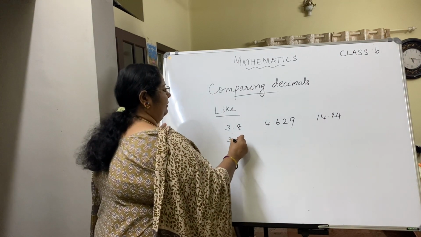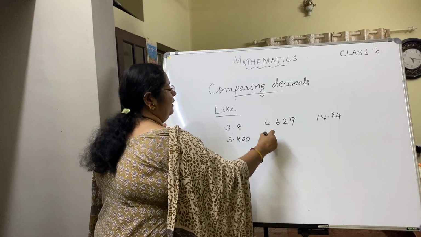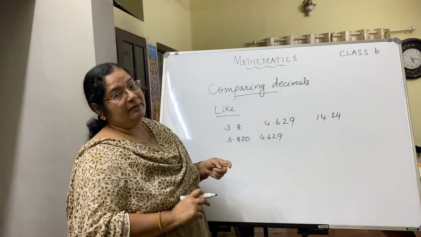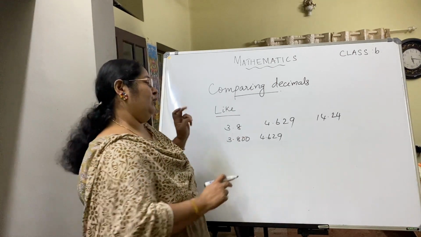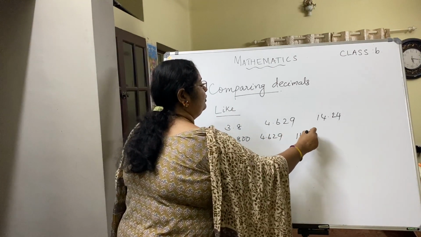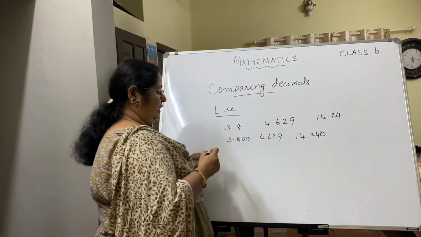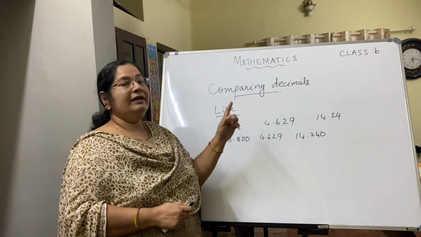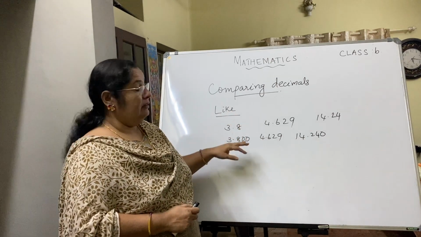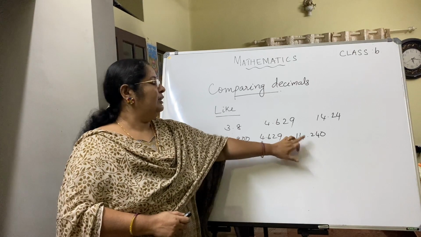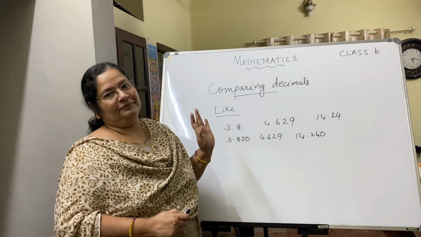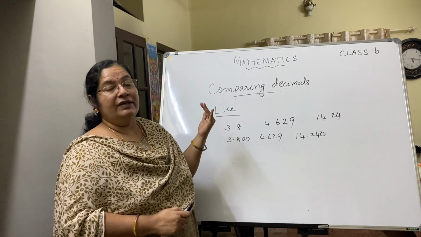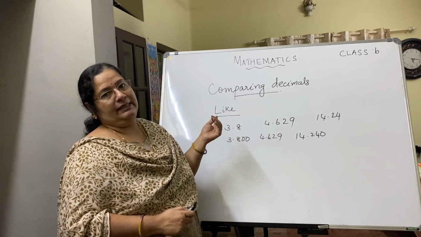So this becomes 3.800, 4.629 and the last one, how many decimal places are there? 2 decimal places are there. You require 1 more. So that becomes 4.240. Now when you look into these 3, all of them are having 3 decimal places without changing the value of any of them. So this is how you change the unlike decimals to like decimals.